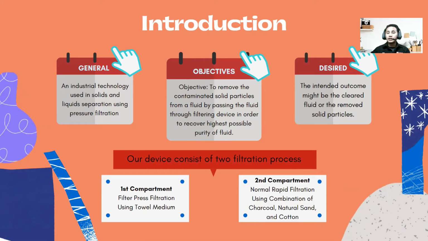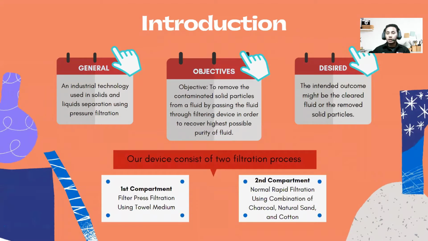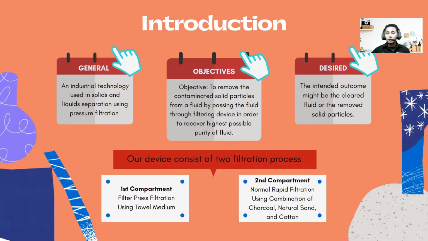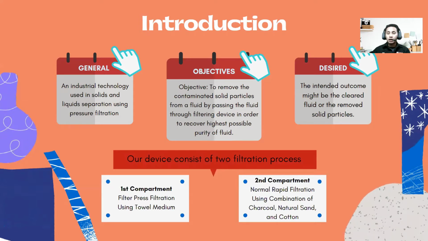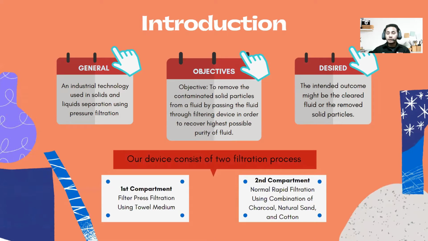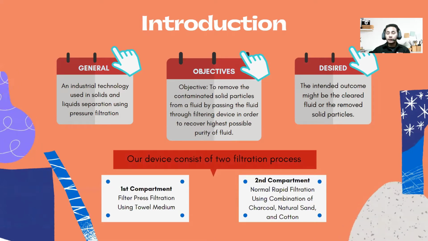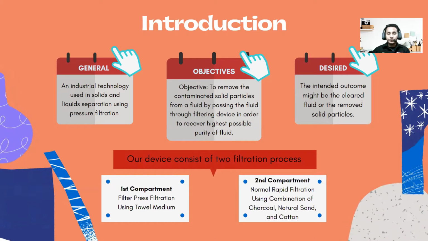The desired outcome for our product might be the cleared fluid or the removed solid particles. In our project, the desired outcome that we are looking for is the cleared fluid from the dirty water.